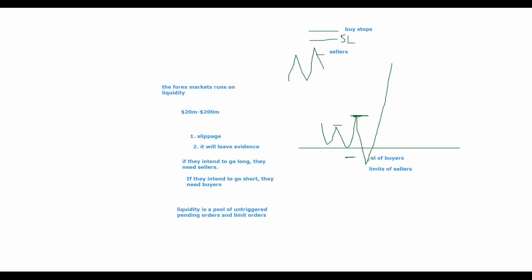Stop losses of buyers are another sell liquidity pool. The sell pending orders of the breakout traders all create a long side liquidity pool here because they create a large quantity of selling orders. And so once that happens, what do the institutions do?